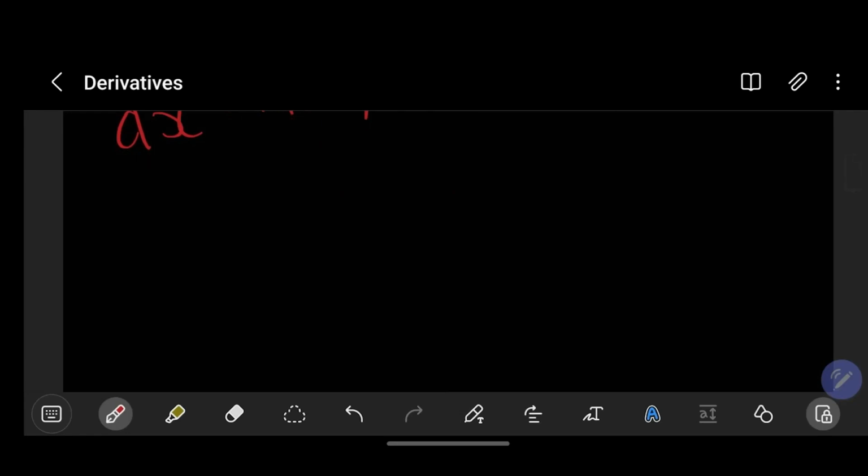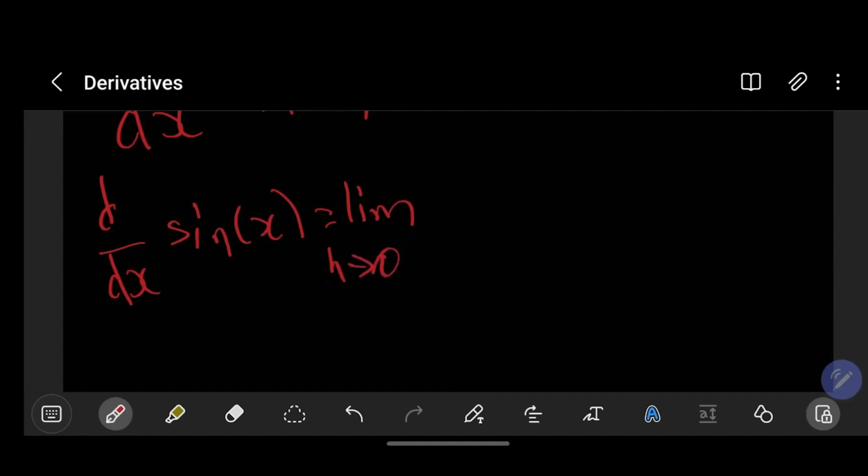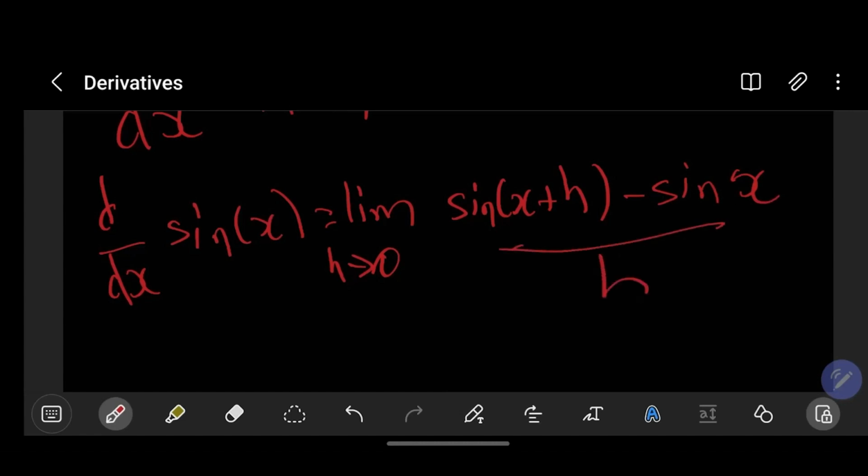So we would say that d/dx of sine of x, we would need to find the limit as h approaches 0 of sine of x plus h. As discussed, we make x plus h equal to whatever it is, right? So x is equal to x plus h minus sine of x over h.